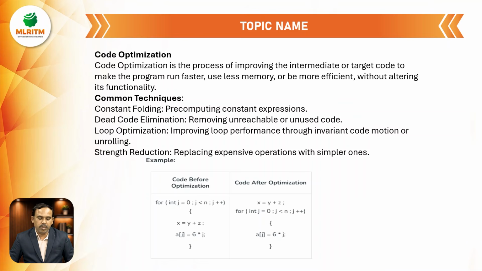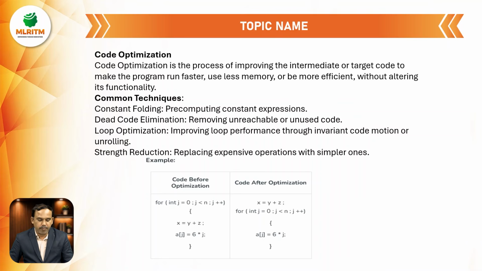Common techniques for code optimization: constant folding, pre-computing constant expressions; dead code elimination, removing unreachable or unused code; loop optimization, improving loop performance through invariant code motion or unrolling; strength reduction, replacing expensive operators with simpler or fewer operators.